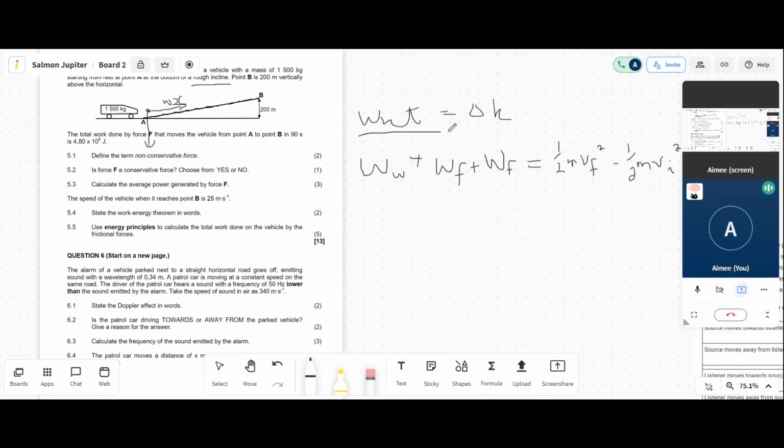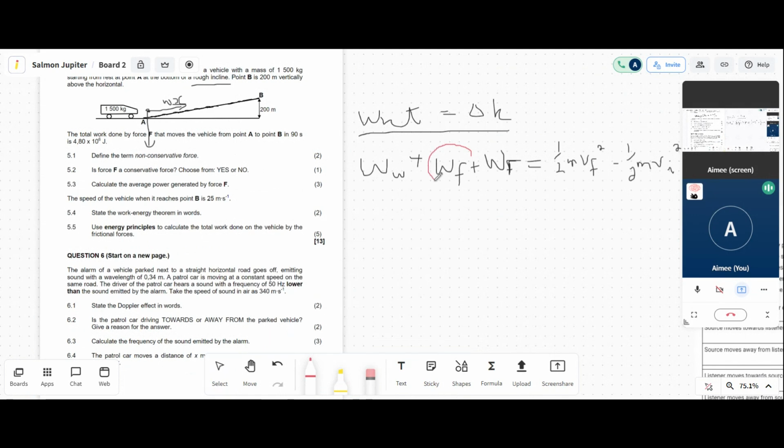Okay, so we basically just expanded on this formula, and I've just explained to you how I got work done by weight plus work done by friction plus work done by force F. Okay, so now we go and we substitute all of these things into our formula. We are looking for the work done by friction. So this is what we're looking for.